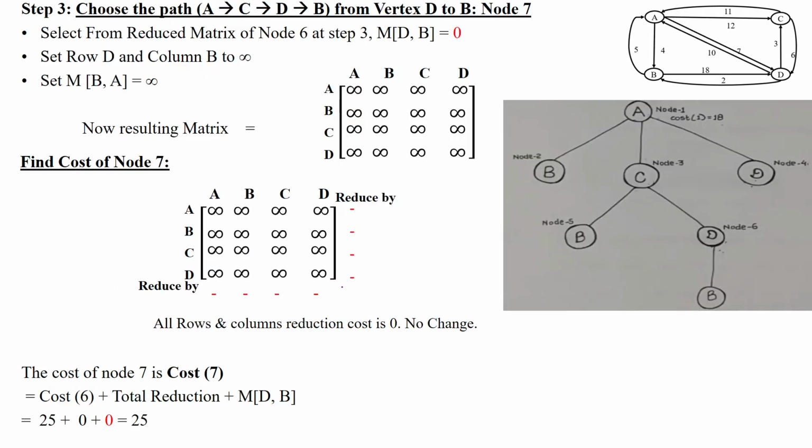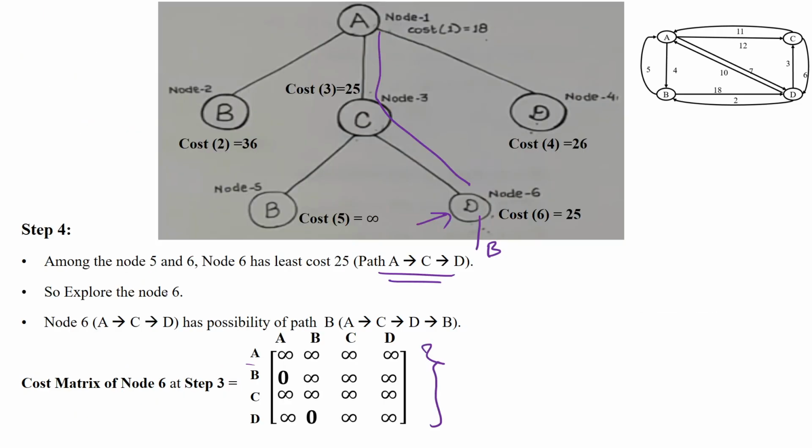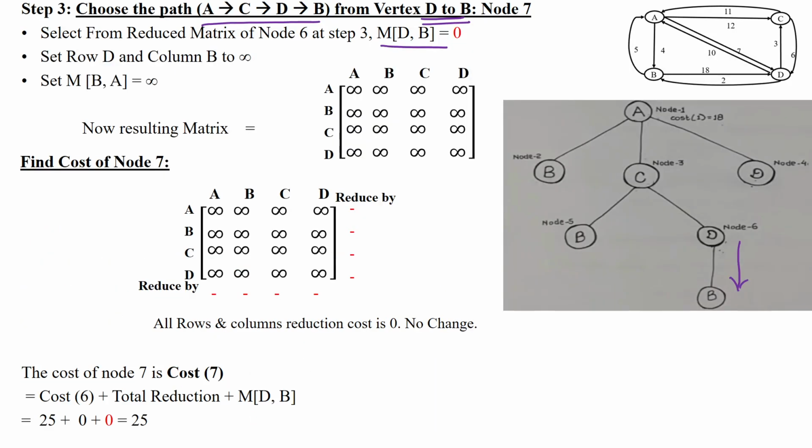Now we have to perform the same reduction when you are reaching d to b, right? D to b means here we have to take the value from M of d comma b. M of d comma b is here 0. Then we have to make d row and b column infinity.